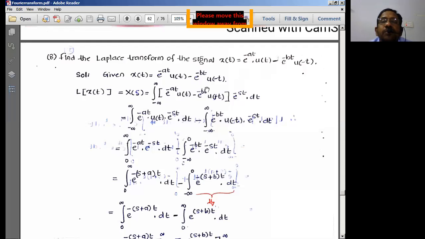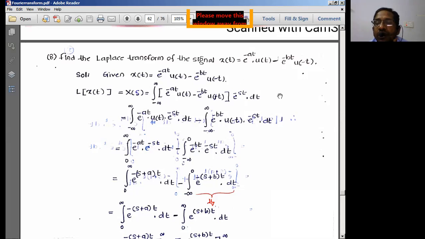Now let us look into this problem, which is a combination of e power minus at u of t and minus of e power minus bt into u of minus t. It is a combination of these two kinds of signals. Now when these two signals are simply combined, if you see carefully, this signal and including this minus signal is going to result in the same value in the S domain. But coming to ROCs, ROCs will differ.